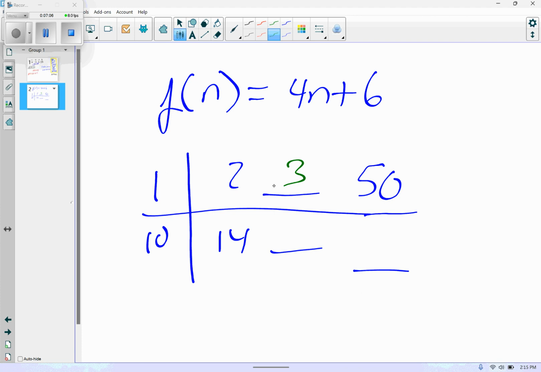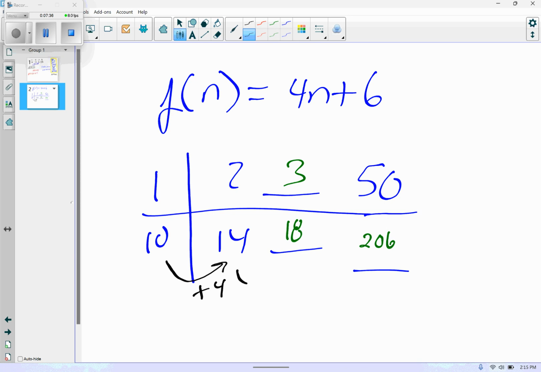4 times 3 is 12 plus 6. If I want the 50th term, 4 times 50 is 200. Thank you. 200 plus 6 is 206. So our 50th term is that. And so let's see.